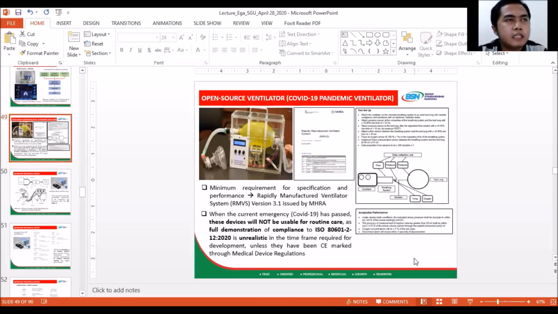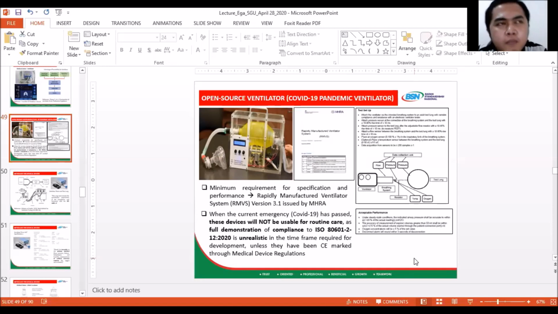This is also being discussed in the MMI group, the Masyarakat Metrologi Indonesia, but I cannot explain all because of the secrecy.